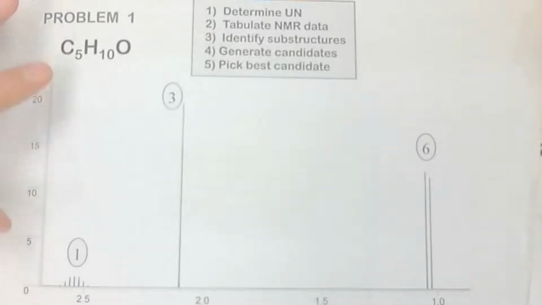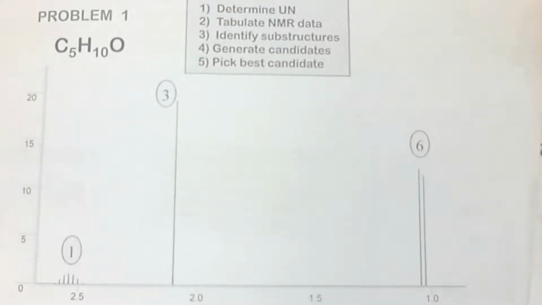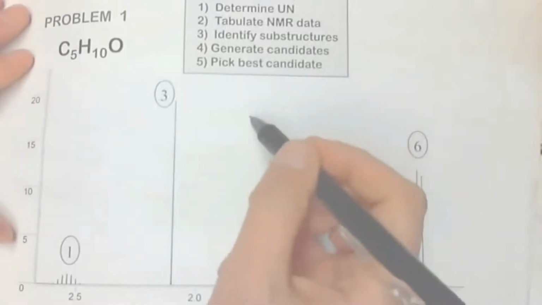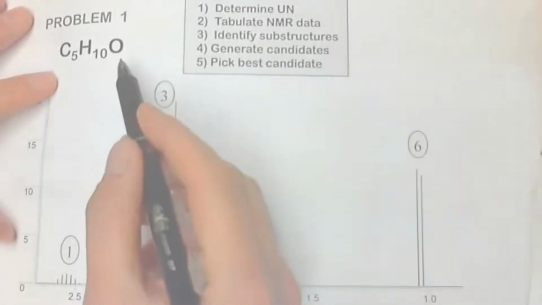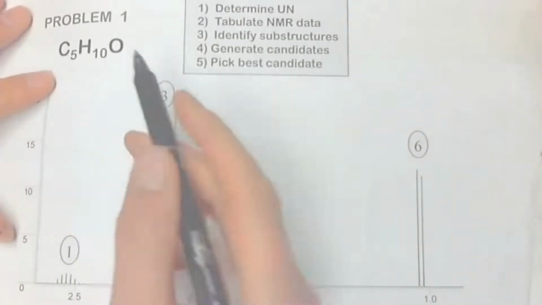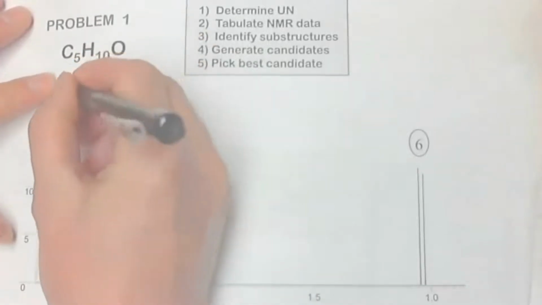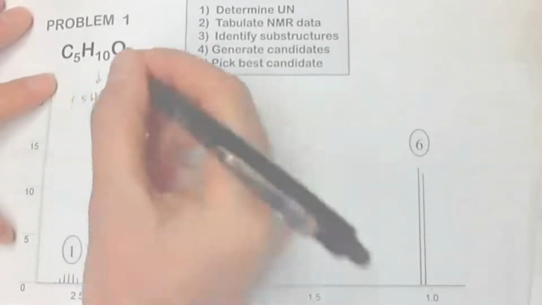We're just going to go down the list and the strategy, right? I see somebody already said UN equals 1, and you are right, but let's just do the math. UN is definitely 1. The way we do it is we ignore the oxygen, so this basically becomes C5H10.